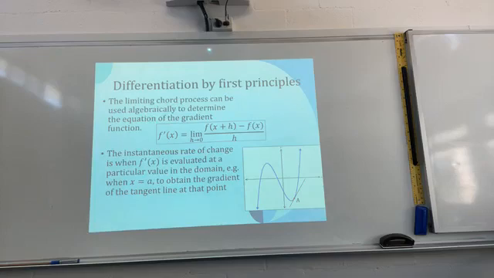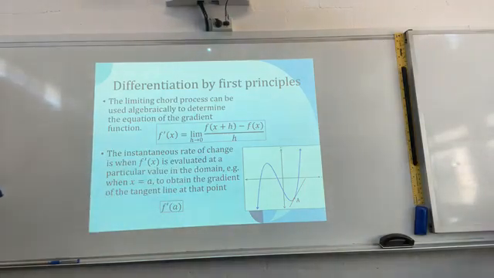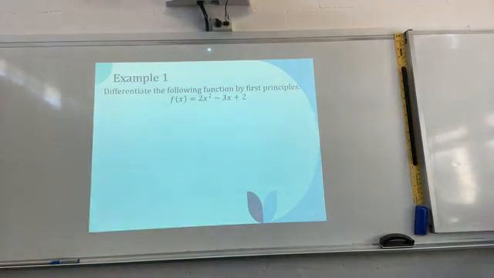So we're going to use this again. I'm going to remind you how to do that. Can I move on? All right. So we write that at that point as f dash a. All right?